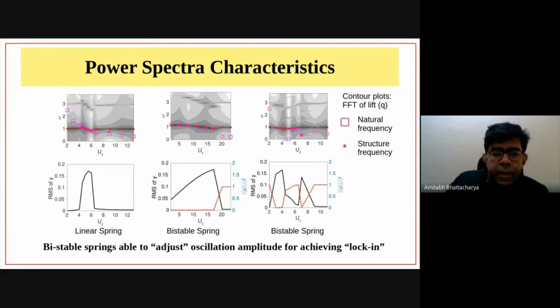The asterisks are the peaks of the structure frequency. What you can see is that the peaks of the structure frequency match the natural frequency, and they also manage to get the fluid frequency to lock in with them over this narrow range in UR.